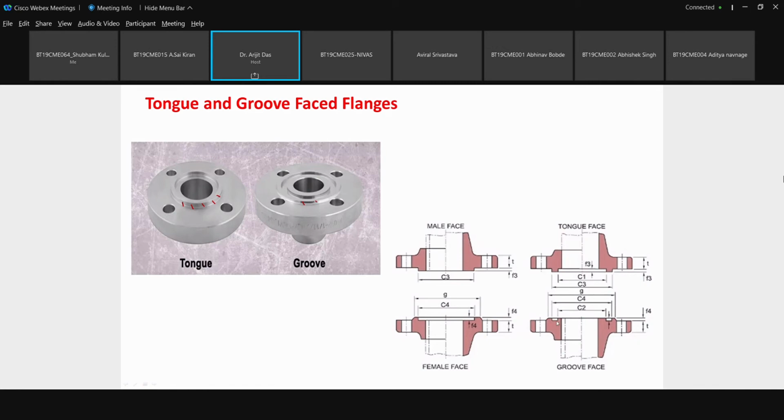A ring type gasket, like what we use in our daily life in a pressure cooker, may be fitted here. A groove is made here, but in the male and female, this is the raised portion of the male face, and similarly a recessed portion is there, so the raised portion of the male face can be fitted in this portion. So here is a groove, but there is no groove, just a recessed and a raised portion. That is the main difference from the tongue and groove.